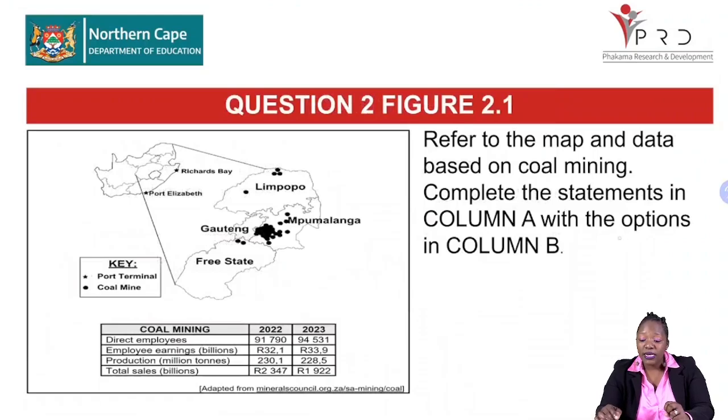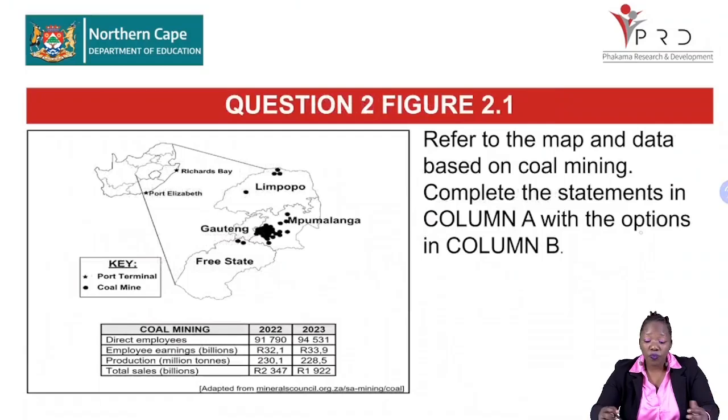Complete the statement in column A with the option in column B. Again, you're going to read the statement in column A and then match it with column B. Your short objective questions can come in column A or column B, or in multiple choice, or where you need to choose from the brackets.